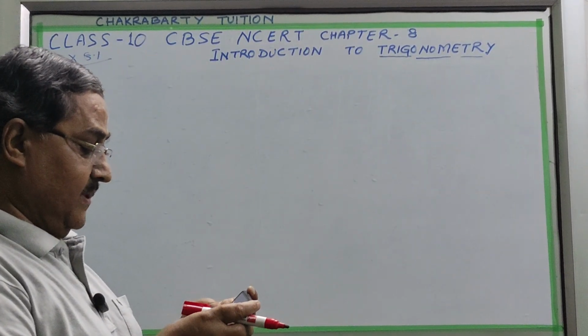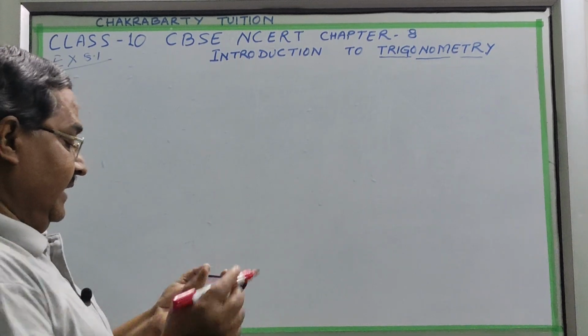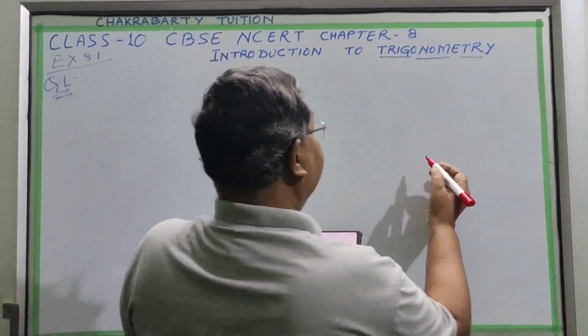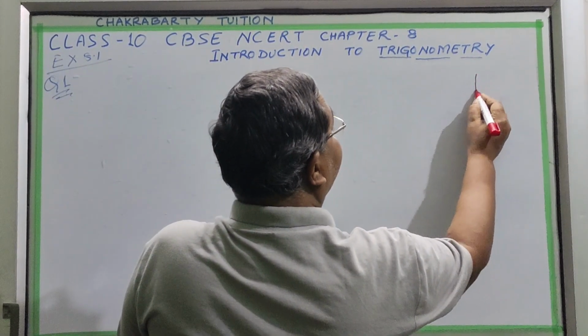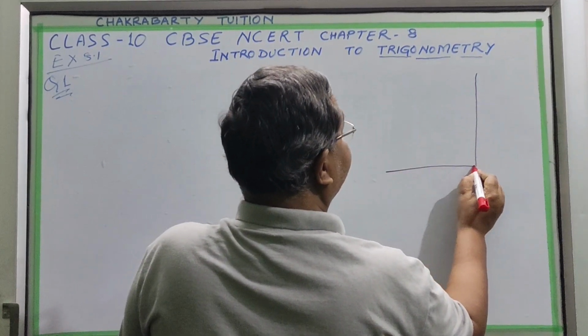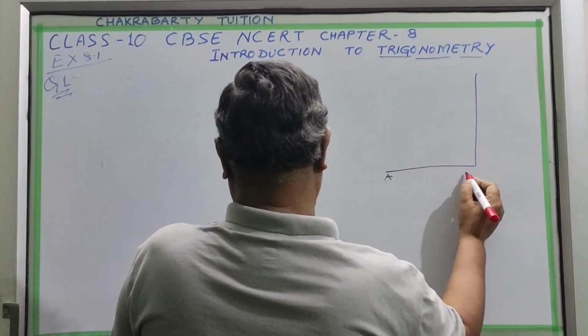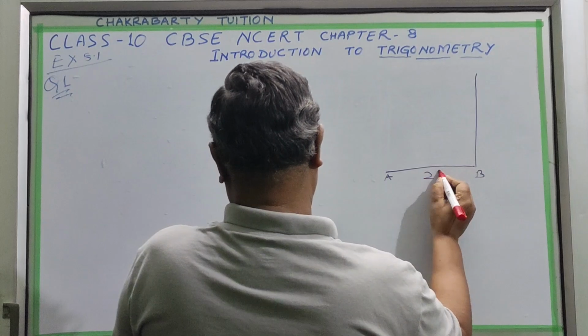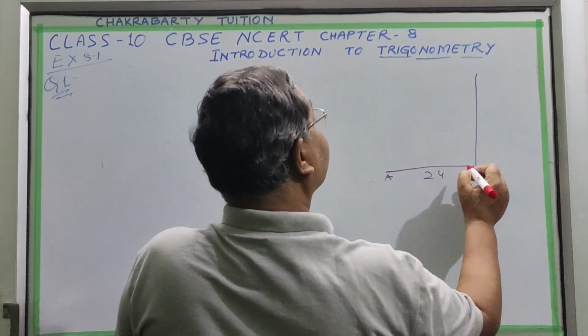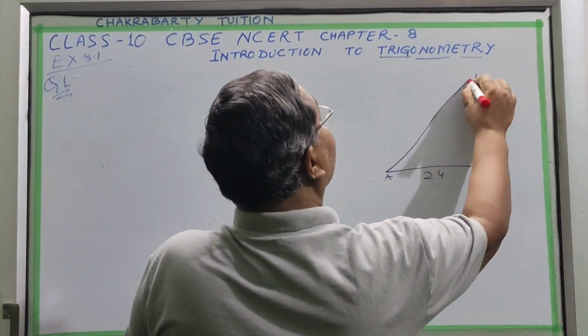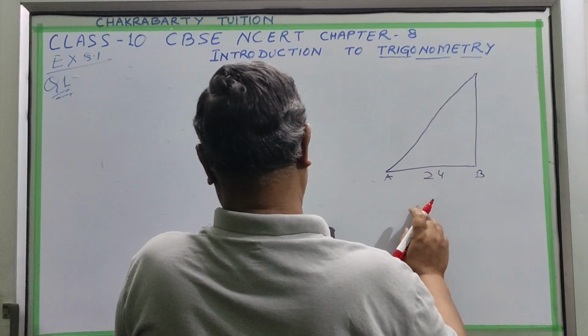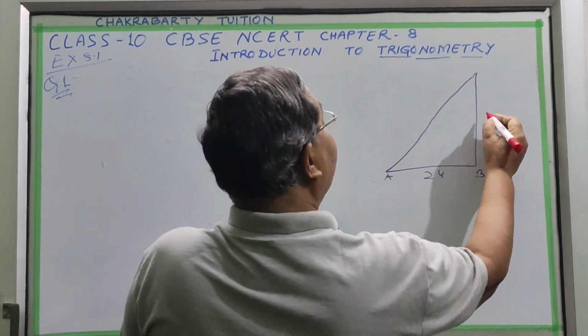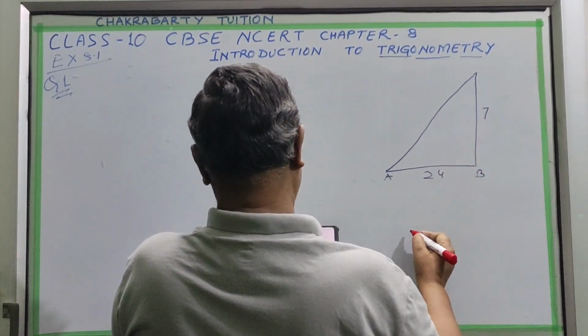In question number 1, a right angle triangle ABC is given. AB is 24, BC is 7 centimeter.